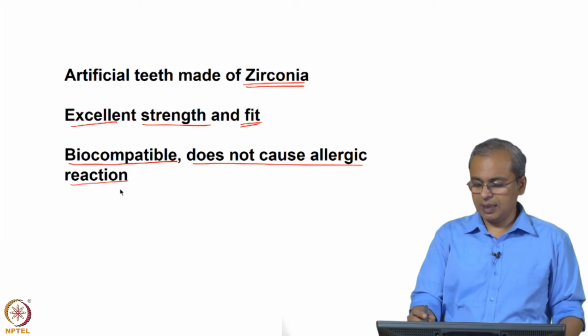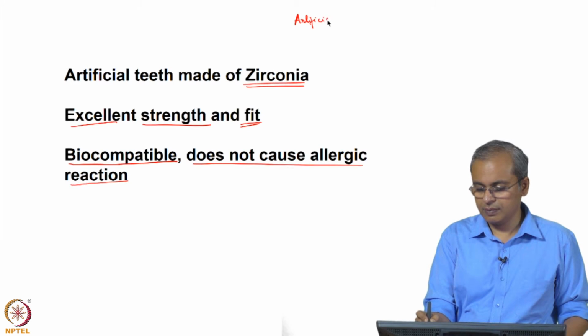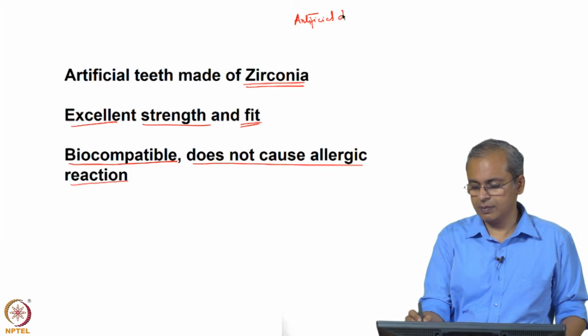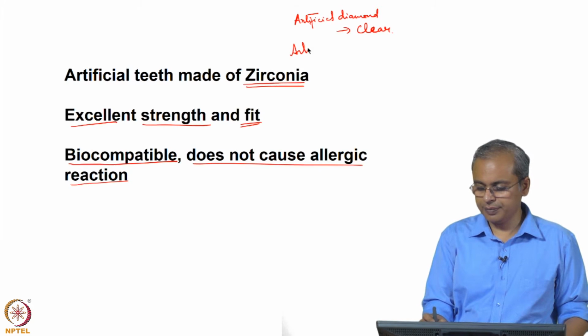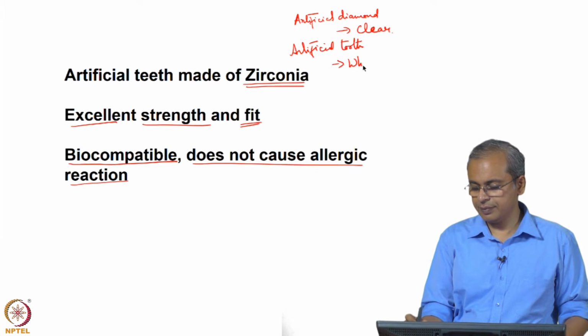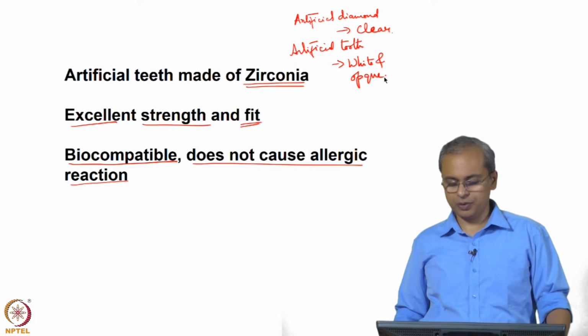So, as an artificial diamond, it is clear; as an artificial tooth, it is white and opaque.